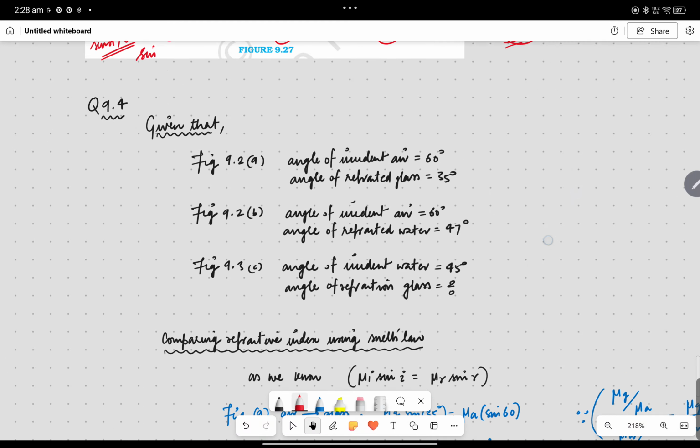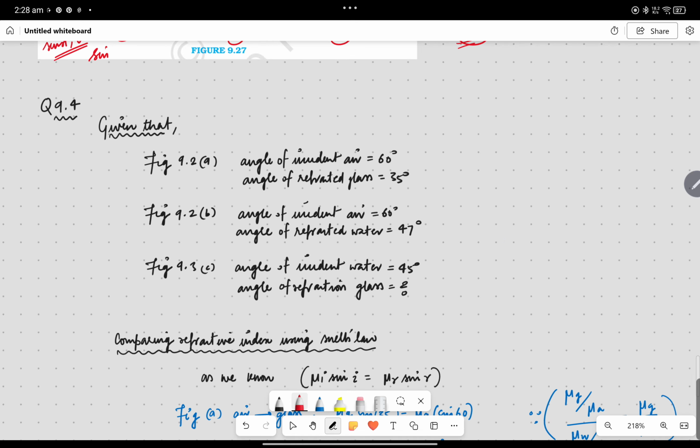So simple. First of all, you have to write question number 9.4. Given that in figure A, the angle of incidence in air is 60, the angle of refraction in glass is 35, then the angle of incidence in air is 60, the angle of refraction in water is 45, then the angle of incidence in water is 45 and the angle of refraction in glass is what you have to find, right?